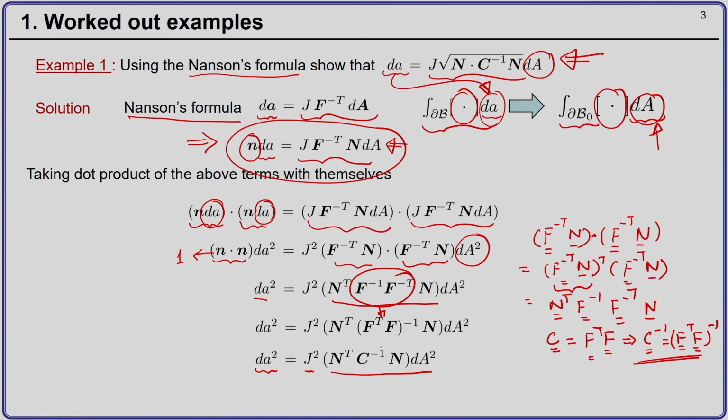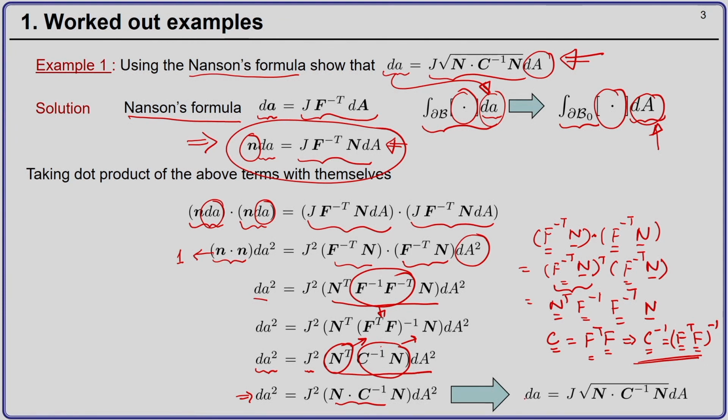Now, it is very easy to see that this is a vector N transpose and this is another vector C inverse N. A transpose B is A dot B. So, in the next step we can write dA square is J square N dot C inverse N d capital A square. Then we can take the square root on both sides and get dA is J times the root of N dot C inverse N d capital A.